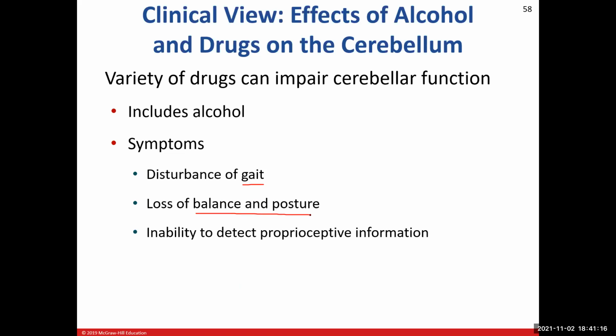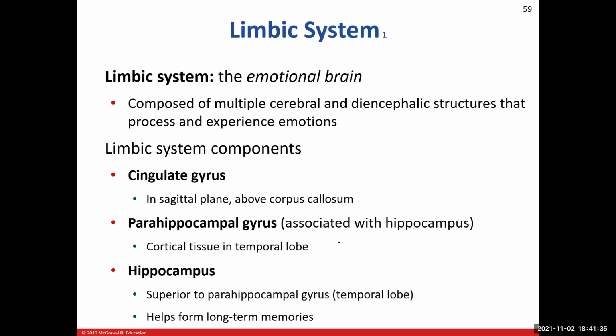And because of those disturbances, you will have a significantly reduced ability to detect any of that corrective proprioceptive biofeedback. So you won't be able to self-adjust to correct. So basically, that's what's going on when you're dealing with the cerebellum for a roadside sobriety test.